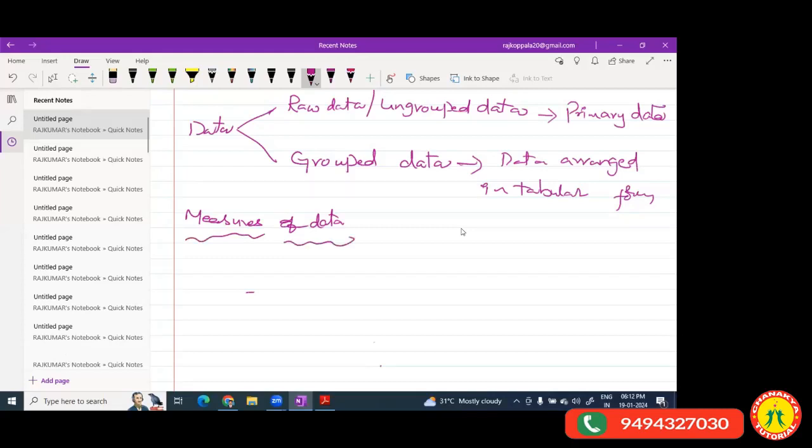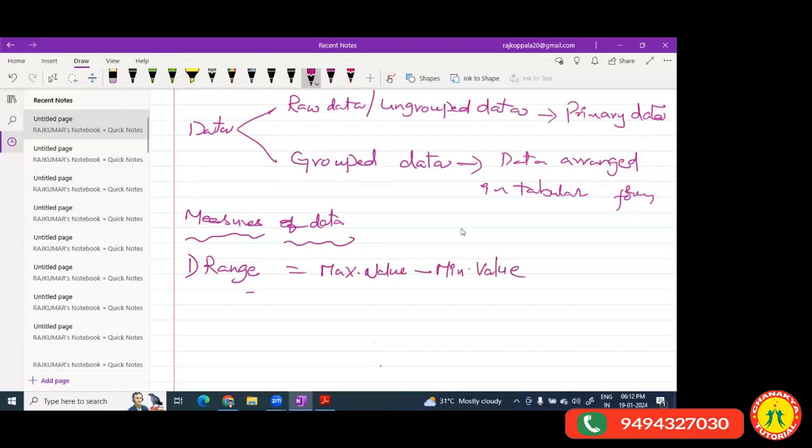If we subtract the minimum mark from the maximum mark, we will get one value. That is called range. Range means in the given data, maximum value minus minimum value, biggest value minus smallest value.